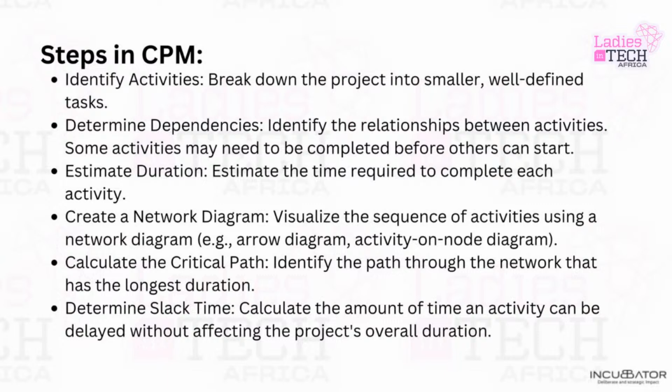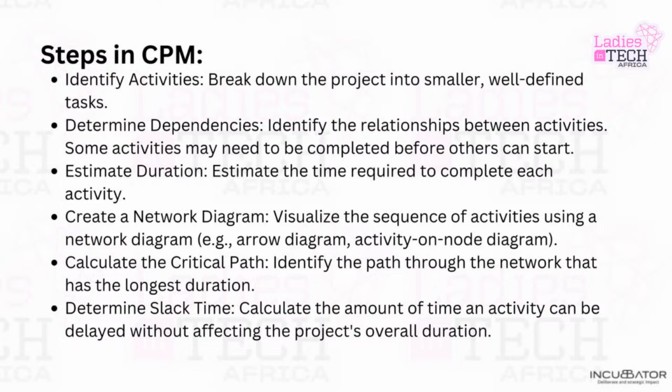So we also mentioned the steps in CPM, which are to identify activities, break down the project into smaller, well-defined tasks, and determine dependencies, identifying the relationships between activities. Some activities may need to be completed before others can start.